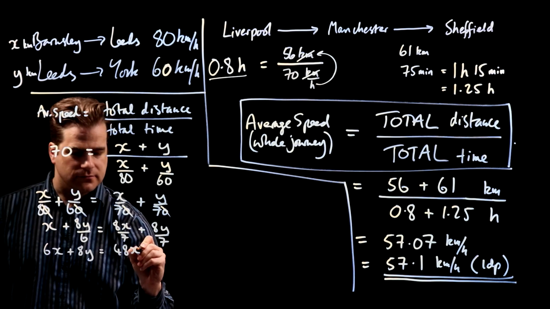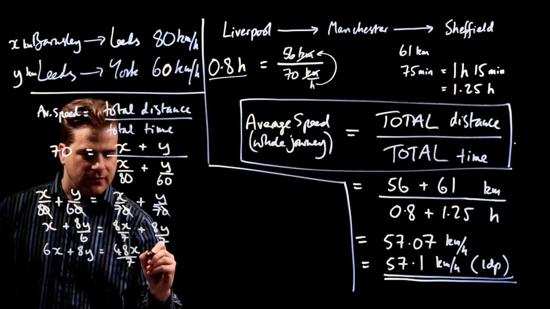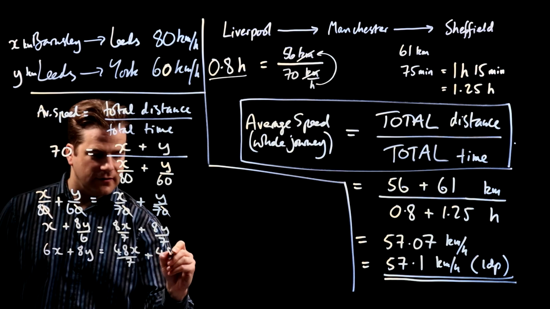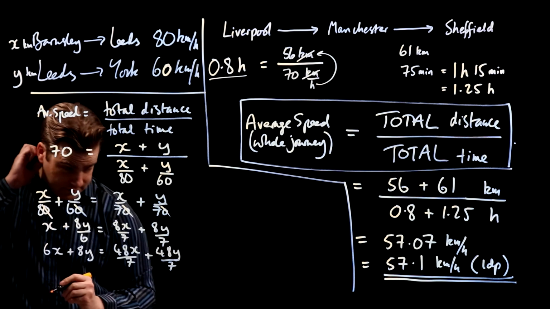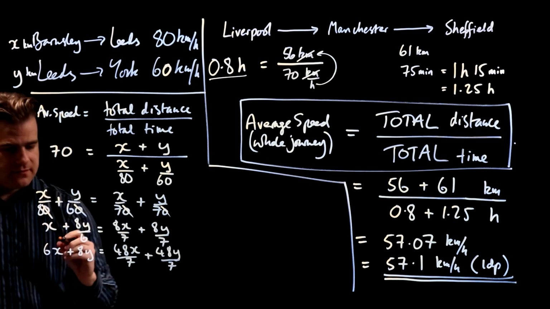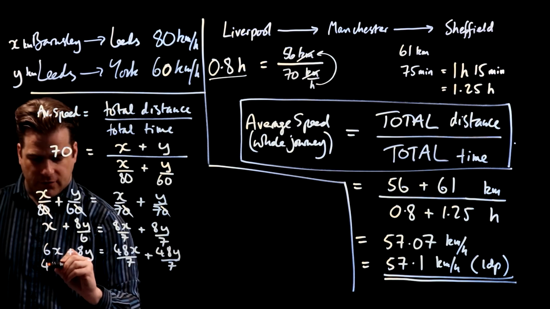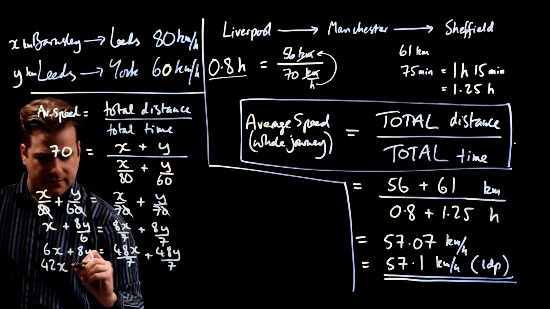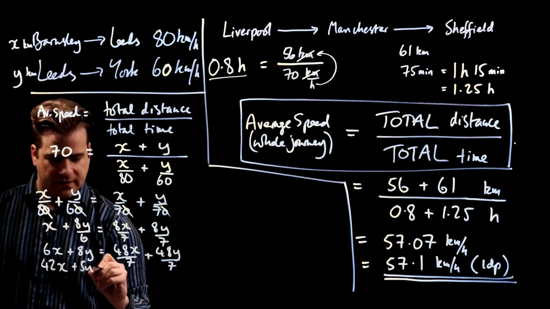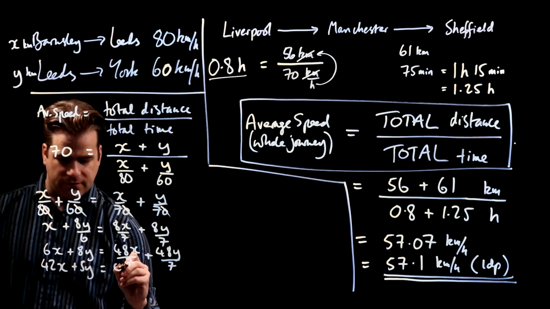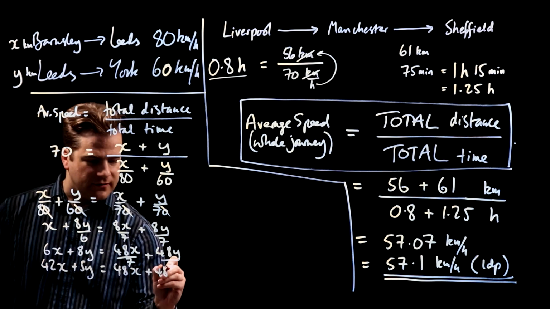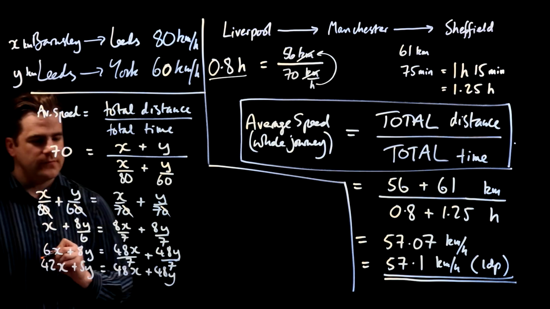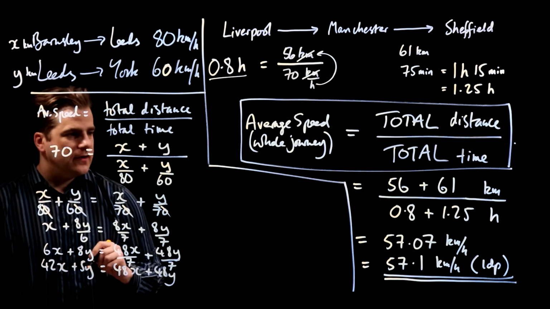48X over 7 plus 48Y over 7. Let's multiply everything by 7. So we get 42X plus 56Y is equal to 48X plus 48Y. Good.